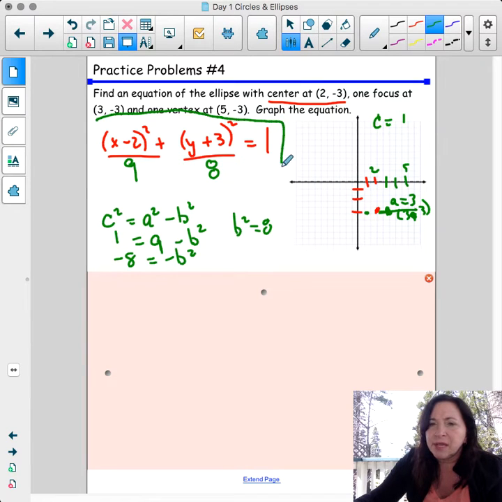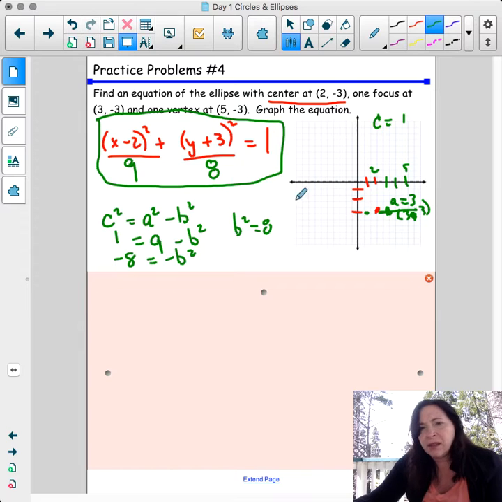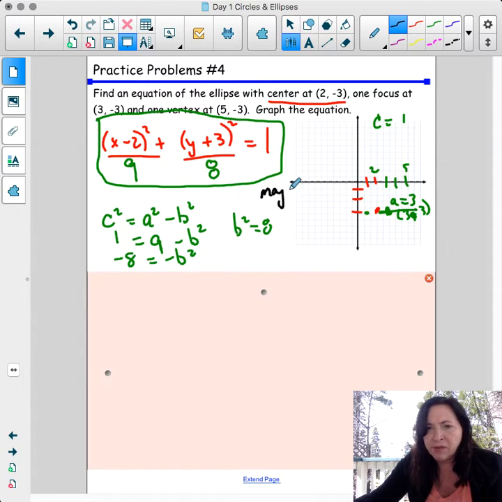I would also reiterate that if I asked you what the major axis was, you would need to tell me its value. Remember, the major axis is 2a. If this value here is a squared, then a would equal 3, so 2 of those would be 6. My major axis is 6.